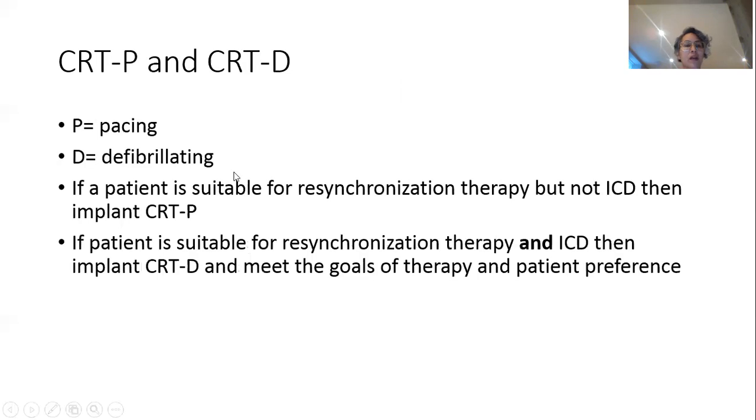All right. When we put the device in, okay, all devices and technology have some options. So with the technology, there's the regular CRT with pacing ability, which is what we want. So we have a lead in the right ventricle, and then we have a lead that goes out through the coronary sinus and wraps around whatever vessel, vein I'm talking about when I say vessel, they can get into, wraps around the left ventricle and the lead sits there.